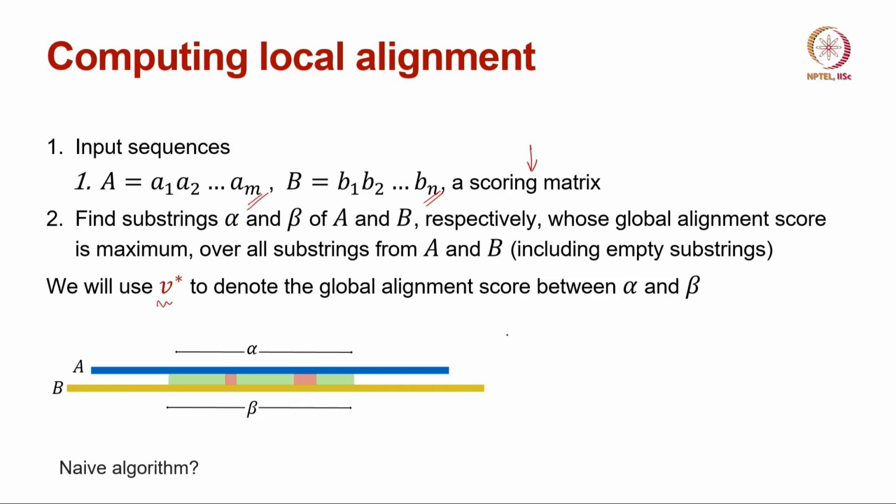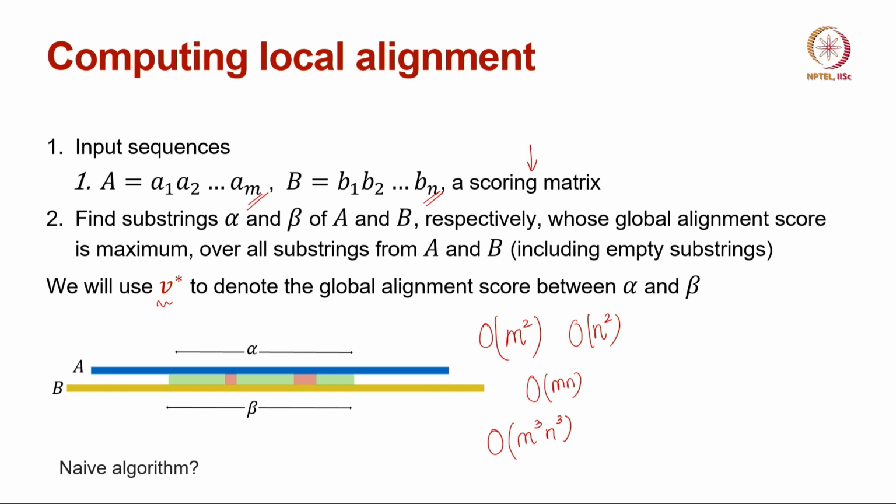So, for example, we already have m square possible substrings in sequence A, we have order n square substrings in sequence B, and if I take each of these pairs and do a global alignment, that requires further order mn time, because each global alignment will require order mn time. So, if you multiply all these, it turns out that the brute force algorithm would take order m cube times n cube time.